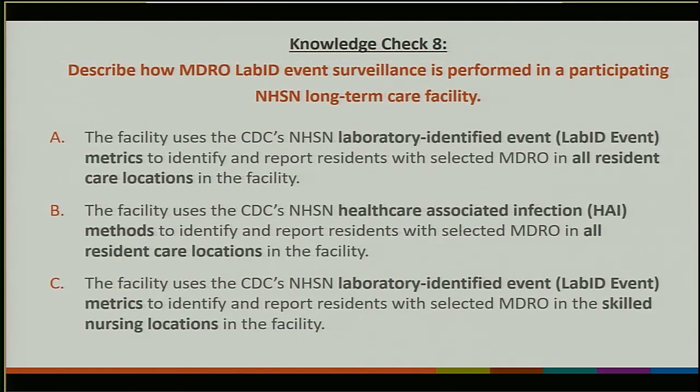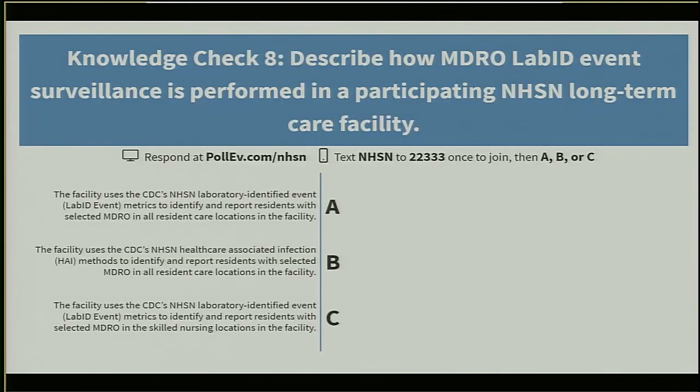Okay, describe how MDRO LabID event surveillance is performed in a participating NHSN long-term care facility. A, the facility uses NHSN's LabID event metrics to identify and report residents with selected MDROs in all resident care locations. B, the facility uses the CDC's NHSN HAI methods to identify and report residents with selected MDROs in all resident care locations.